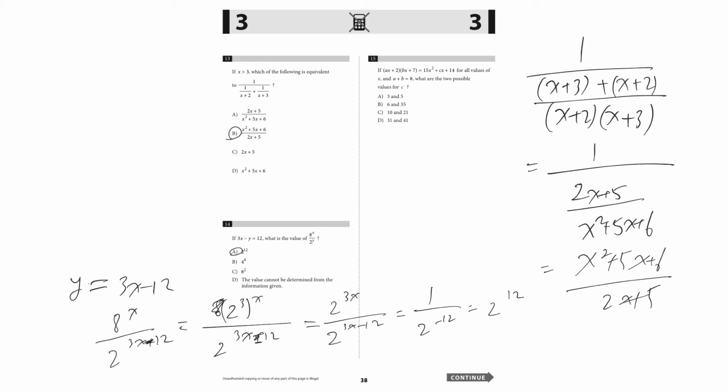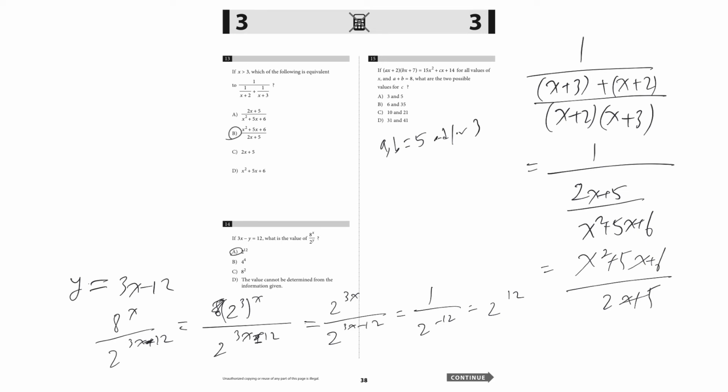If (ax plus 2)(bx plus 7) is 15x squared plus cx plus 14 for all values of x, and a plus b is equal to 8, what are the two possible values for c? Well, a times b has to multiply to 15 and add to 8, so a and b are 5 and 3.